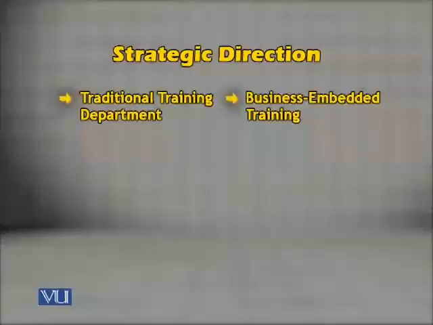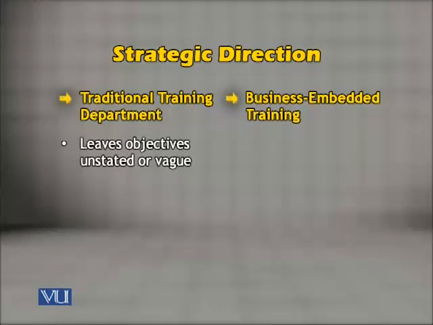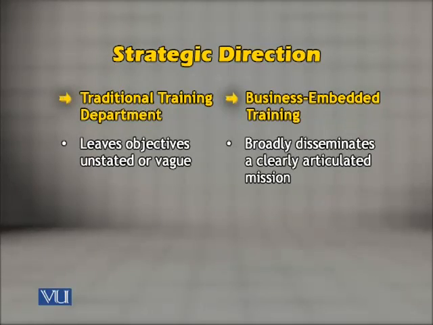So in a traditional training department, what happens is that the training function leaves the objectives unstated or vague. So there is no clarity of vision. Whereas in a BE training model, it broadly disseminates a clearly articulated mission. So a BE training model communicates and defines what the requirement or the vision of a learning activity is.